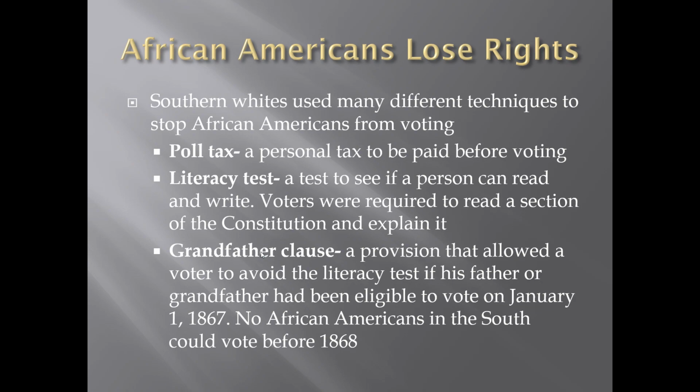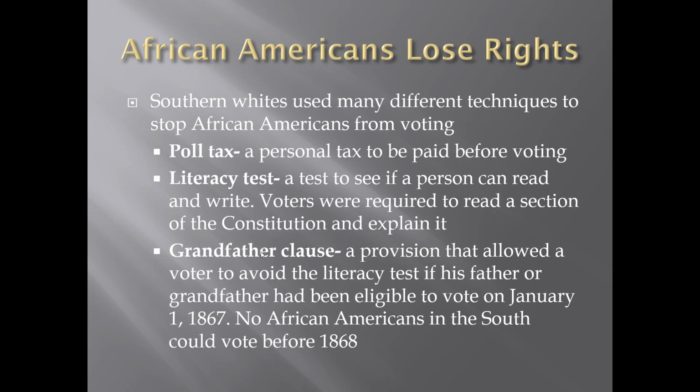They also have a literacy test to see if you can read or write. Usually it involves somebody having to read a section of the Constitution and explain it. Even I, as a history teacher, sometimes don't understand what the Constitution's saying. So imagine somebody who maybe just learned how to read, trying to read it and explain it.